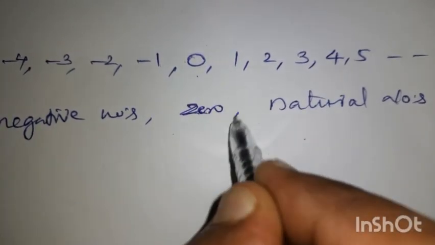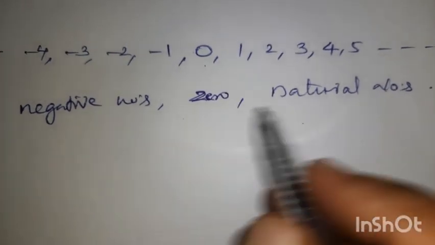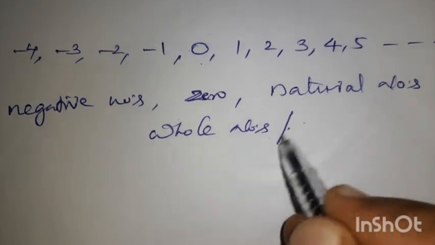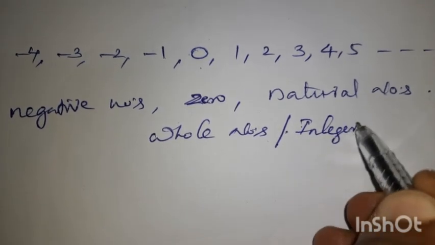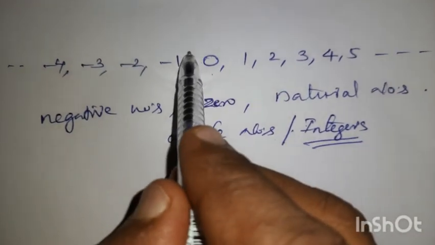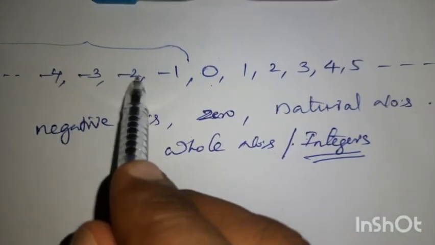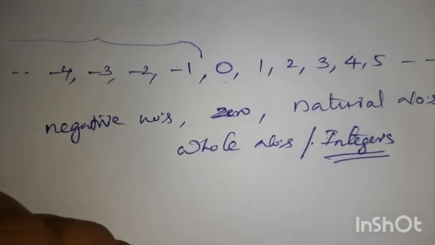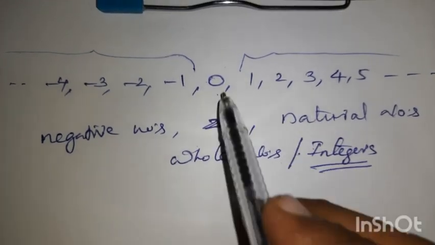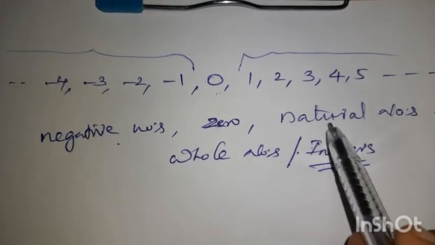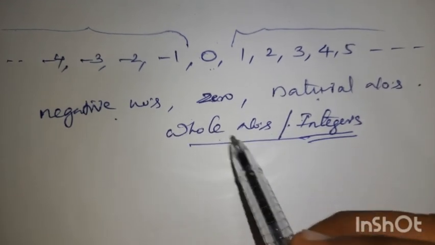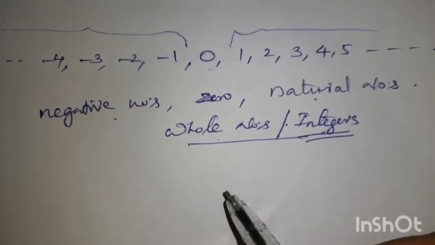Then negative numbers, 0 and natural numbers all together, we say they are whole numbers, or we can say they are called integers. So negative numbers go minus 1, minus 2, minus 3, like that. Then 1, 2, 3, 4 and so on are called natural numbers, and including 0, negative and positive numbers together are called whole numbers, and another name for this is integers.